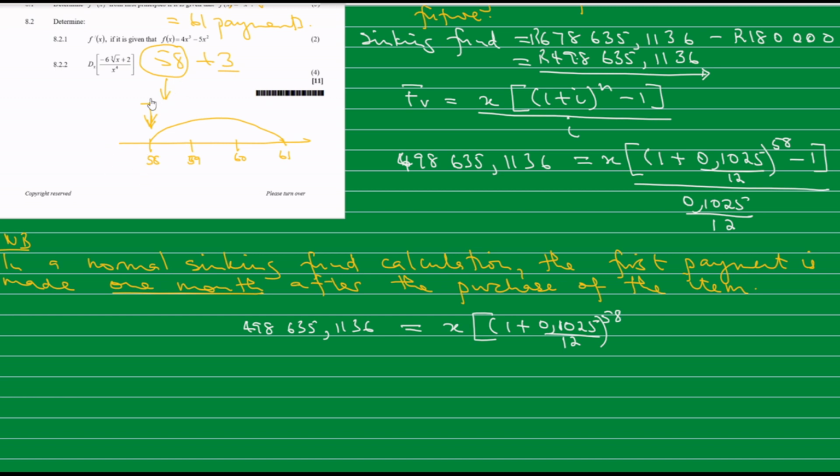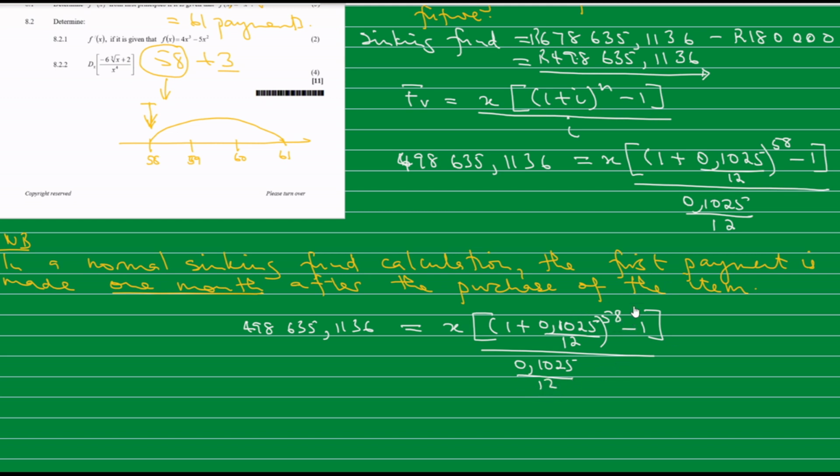So we made 58 payments, and then minus 1 here over I. Our I is again 0.1025 over 12.